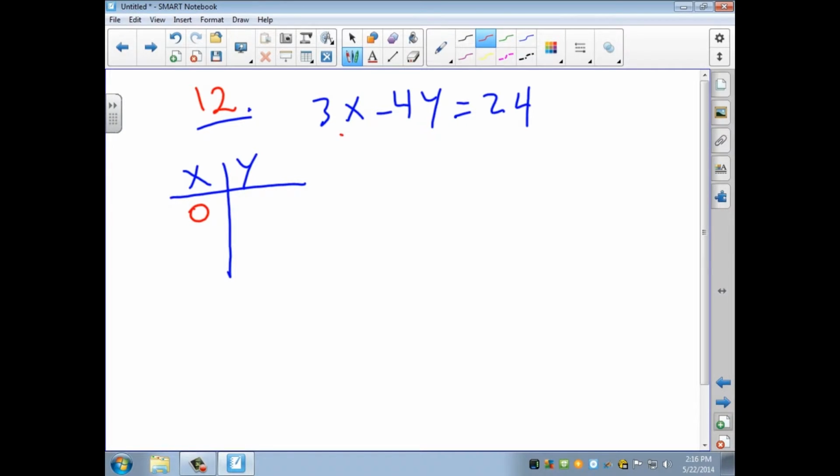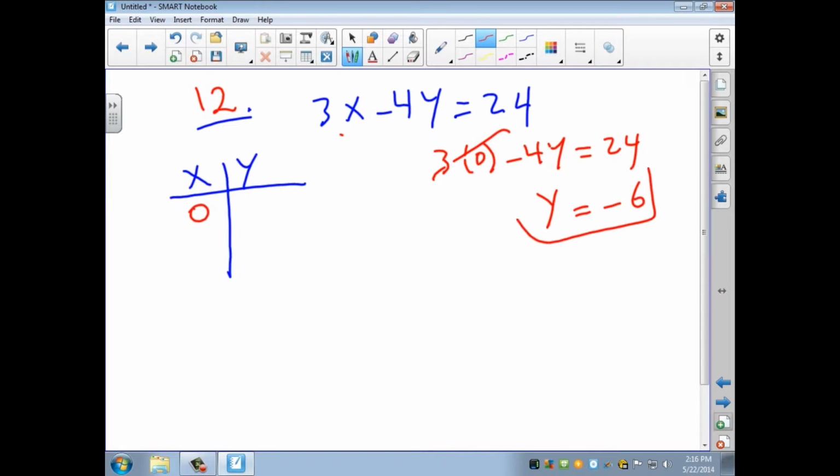You have 3 times 0 minus 4y equal 24. 3 times 0 is 0, so that is minus 4y equal to 24. Divide both sides by minus 4, y would be equal to minus 6. So when x is 0, y would be minus 6.